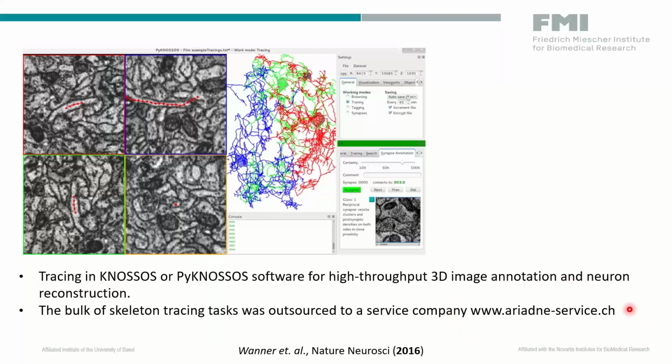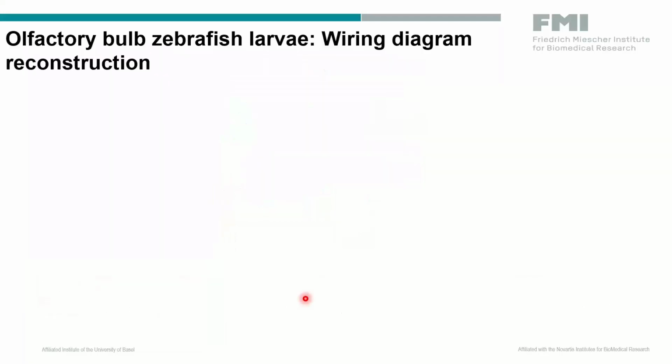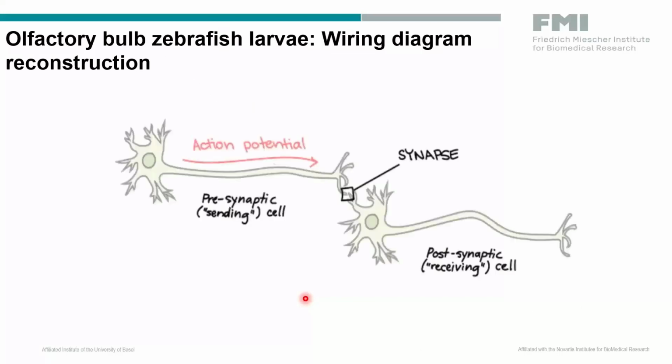He used this software for 3D image annotation and neuron reconstruction. Once you have done all the steps, a very long procedure, you end up with a beautiful diagram of neurons and synaptic connections.